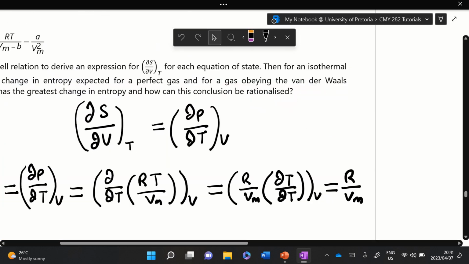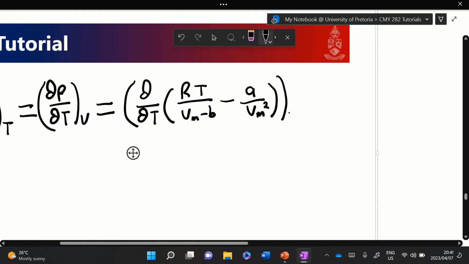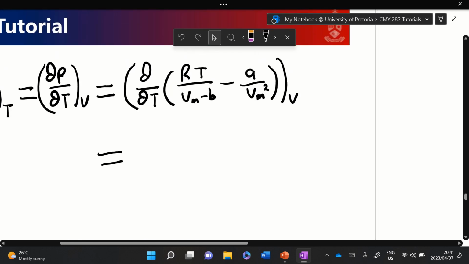I have to double check myself. Yeah, that's at constant volume. So let's take out all constants.